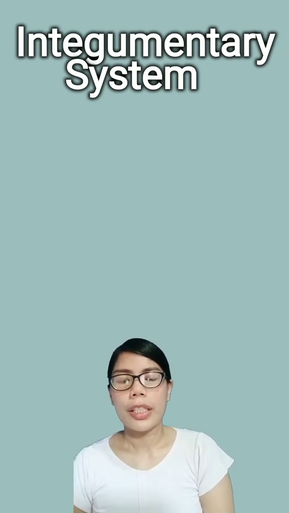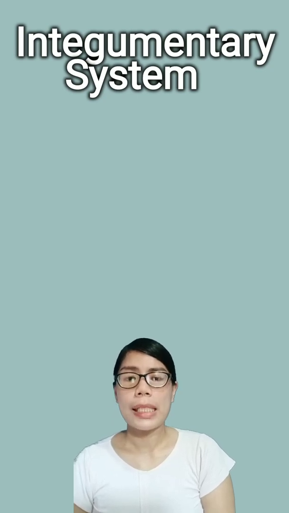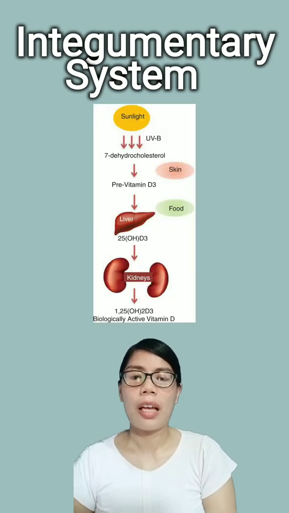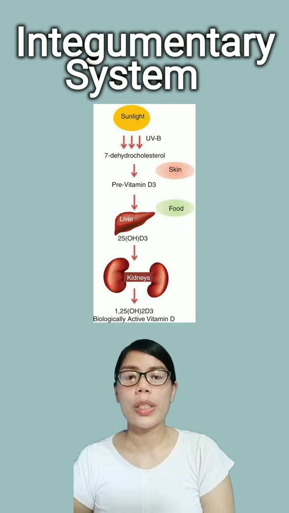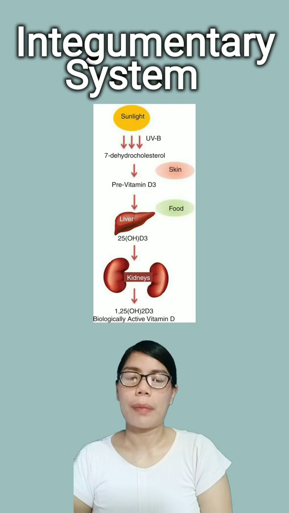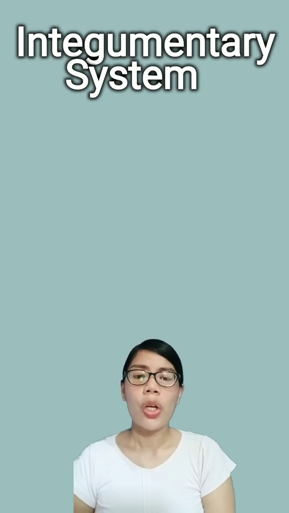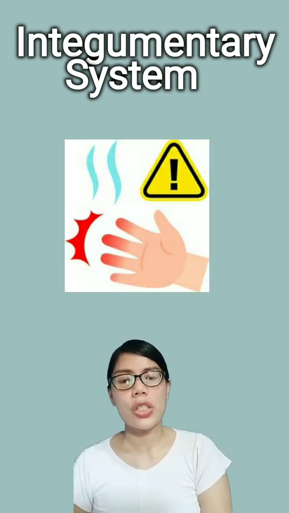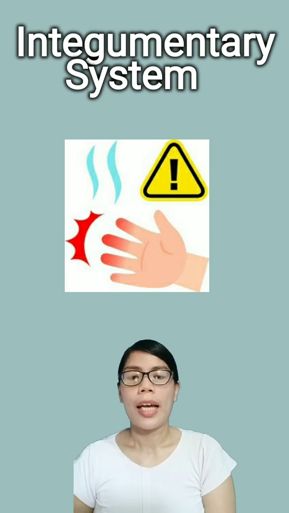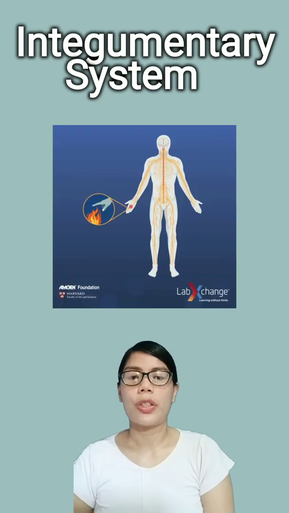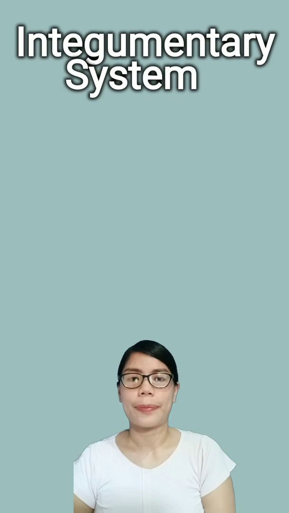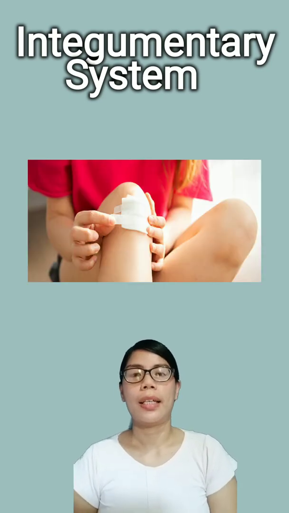Another example is by synthesizing vitamin D, the skin works with the digestive system to ensure that calcium can be absorbed. And also, to detect certain sensations from the outside world, the nervous system depends on the nerve receptors in the skin.